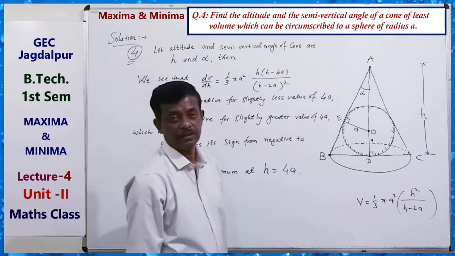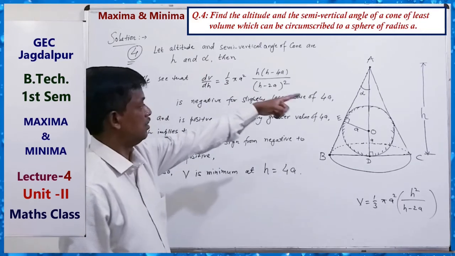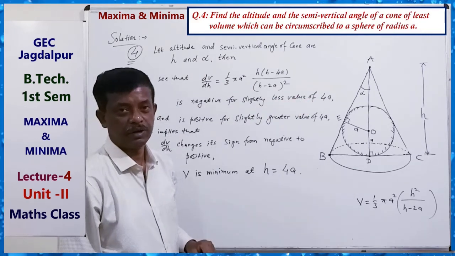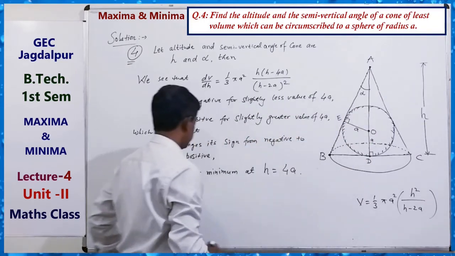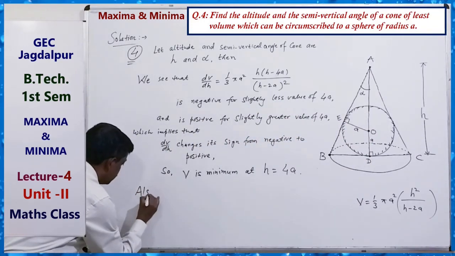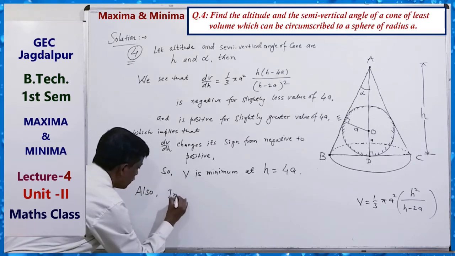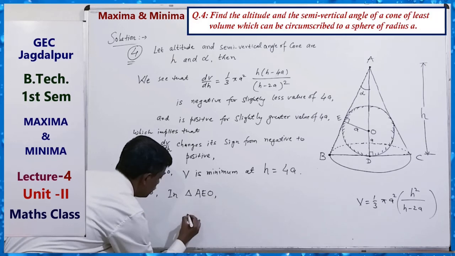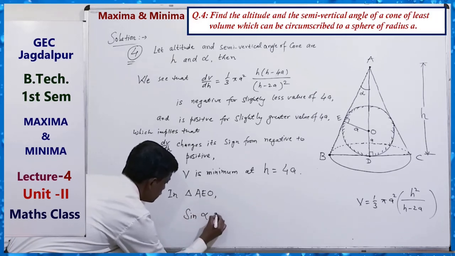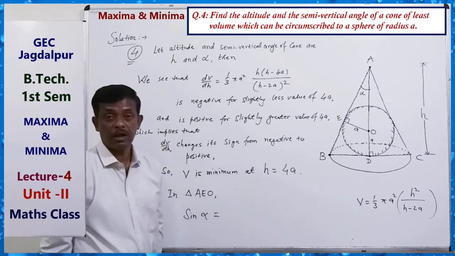Now the semi-vertical angle we can also find by using this triangle. In triangle AEO, sin alpha equals perpendicular by hypotenuse.